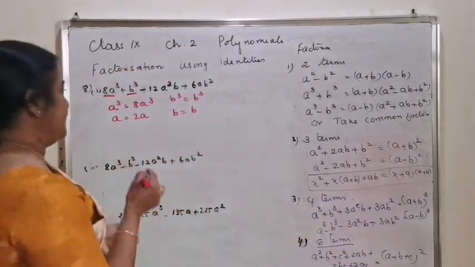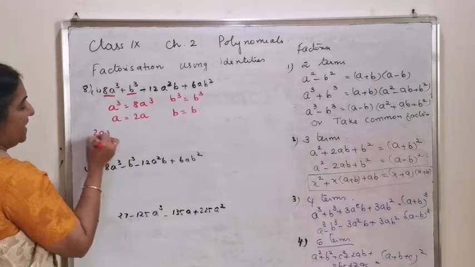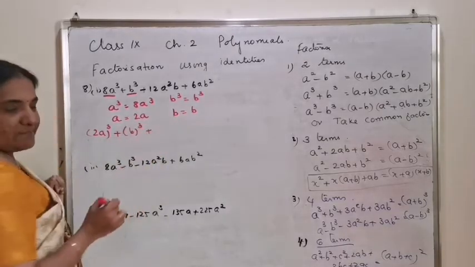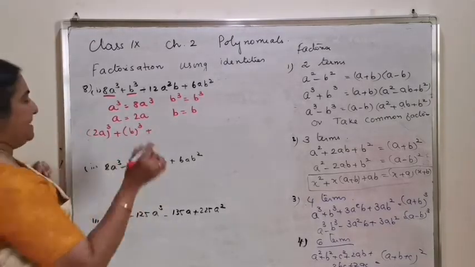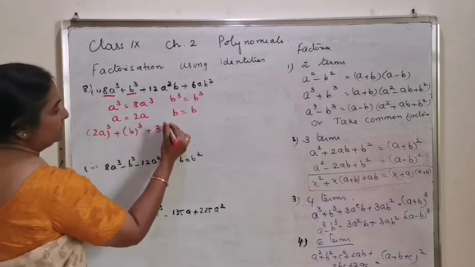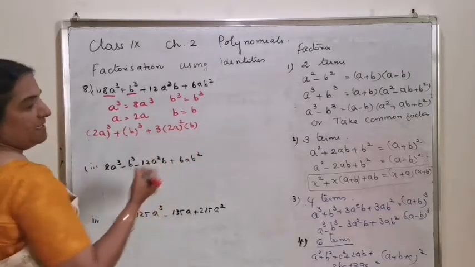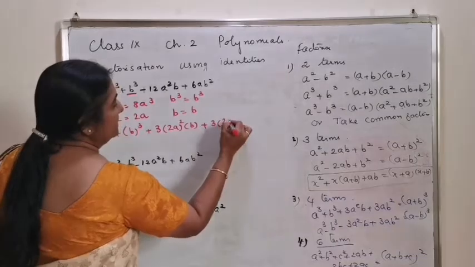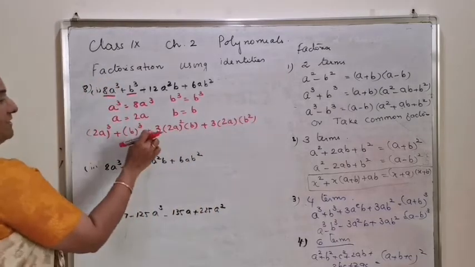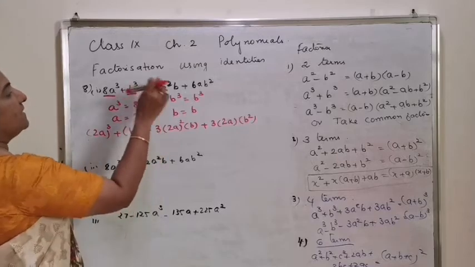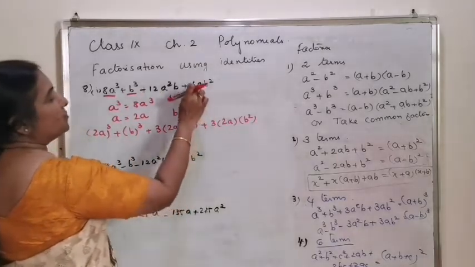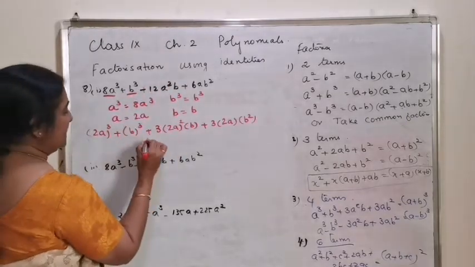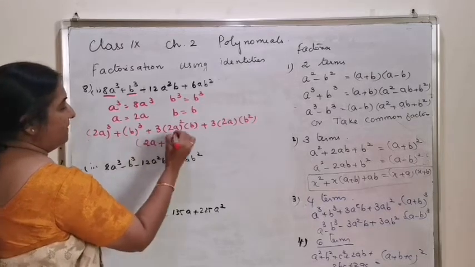It is a cube, that is (2a) the whole cube, plus b cubed, plus 3 into a square into b, plus 3a b square. Automatically, 2 square is 4, 4 3s are 12, and 3 into 2 is 6ab square. Since all terms are positive, the answer is (2a plus b) the whole cube.